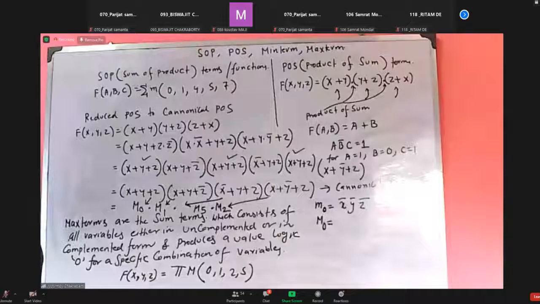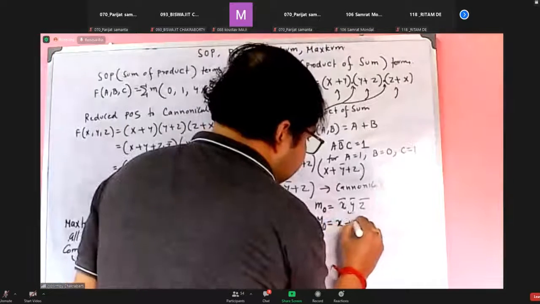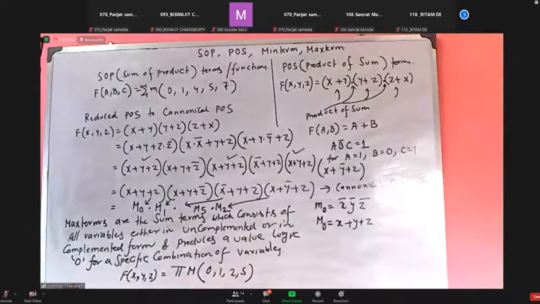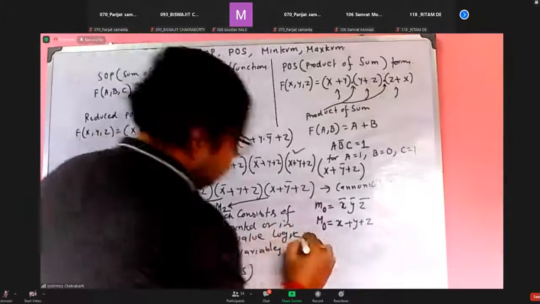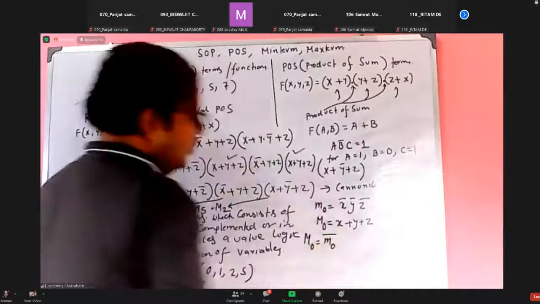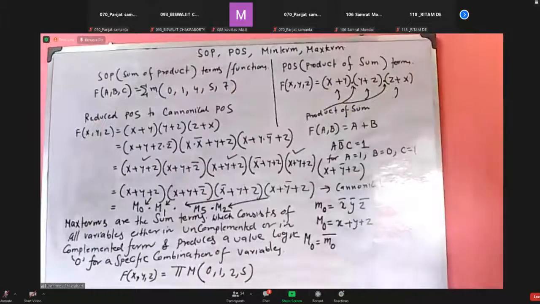X plus Y plus Z. So what is the relation between small m and capital M? Capital M0 is the bar of small m0, because you have learned De Morgan's rule. So apply this.